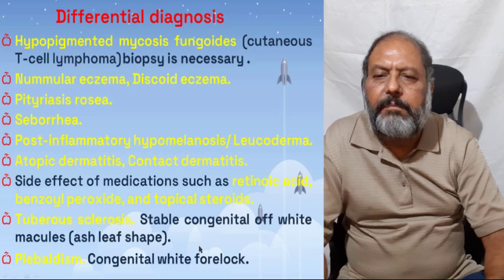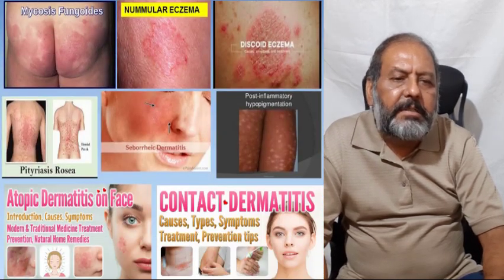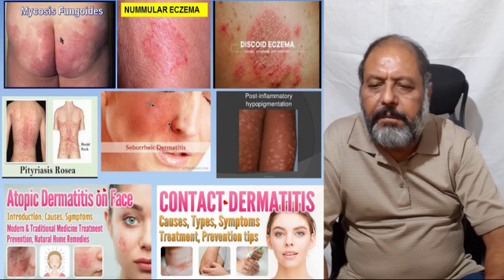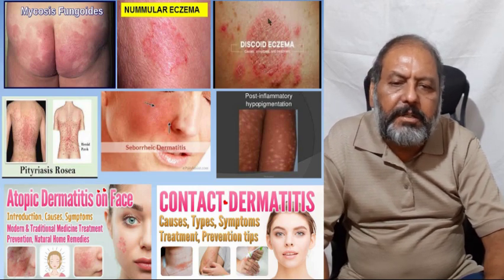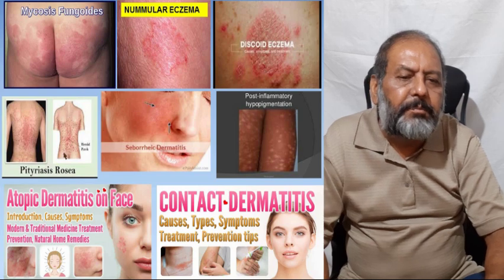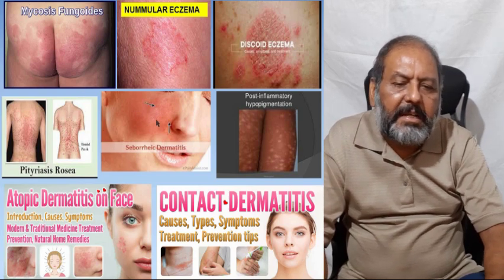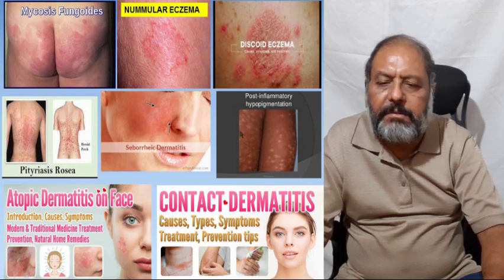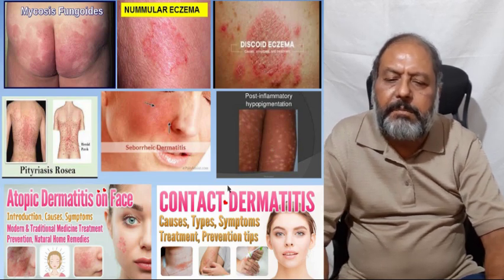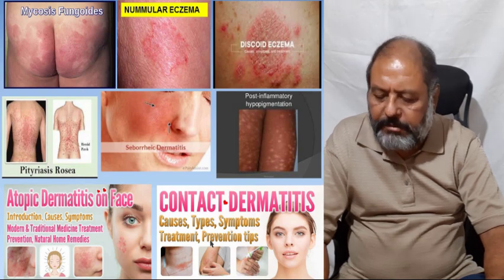And here mycosis fungoides, nummular eczema, discoid eczema, pityriasis rosea, seborrheic dermatitis, post-inflammatory hypopigmentation, contact dermatitis seen on different parts of the body, atopic dermatitis on the face, and here is the redness on the face.